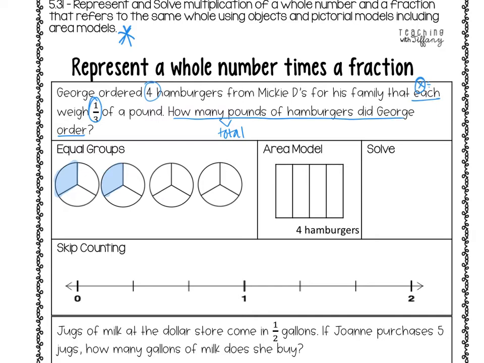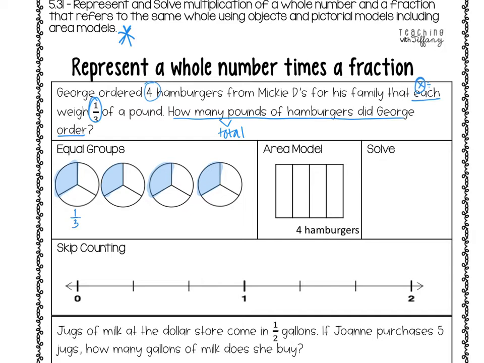The third hamburger also weighed 1/3 of a pound. And the fourth hamburger also weighed 1/3 of a pound. So our picture represents 4 equal groups of 1/3.